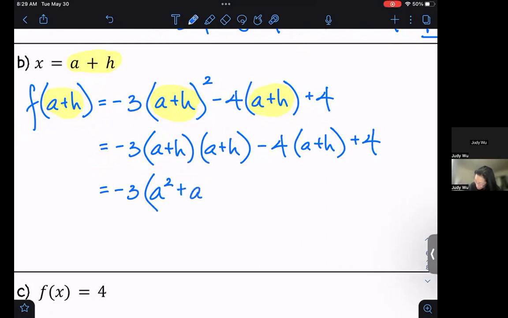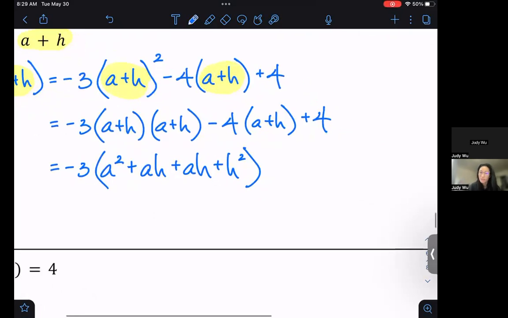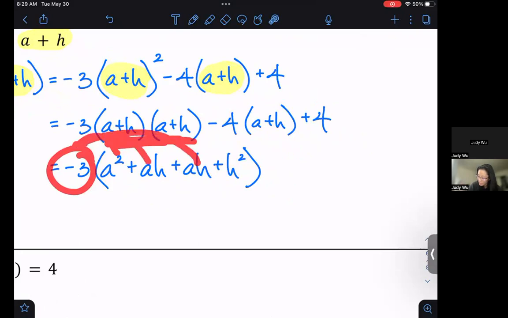So plus ah plus ah plus the last terms, h times h gives me h squared. My recommendation is to FOIL this first, and then you can take that -3 and distribute everywhere. Okay, so do the FOILing first and then distribute.